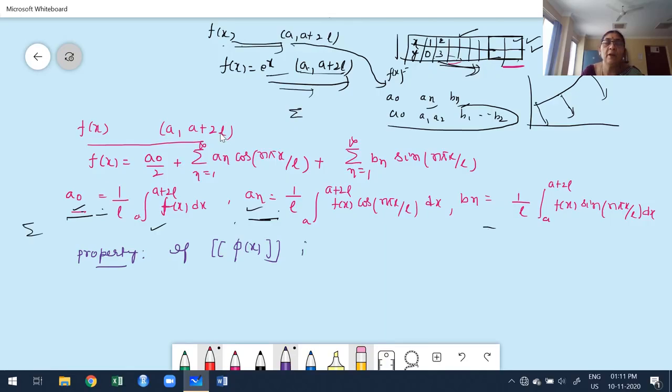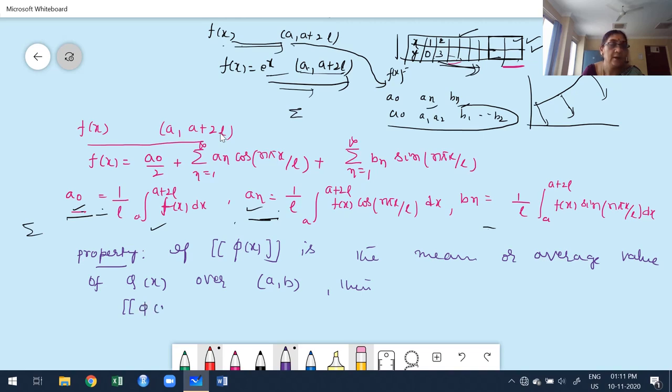If mean of phi of x is the mean or average value of function phi of x over the interval a comma b, then the formula is mean of phi of x can be written as 1 by the difference between upper limit and lower limit, integration of a to b phi of x dx.